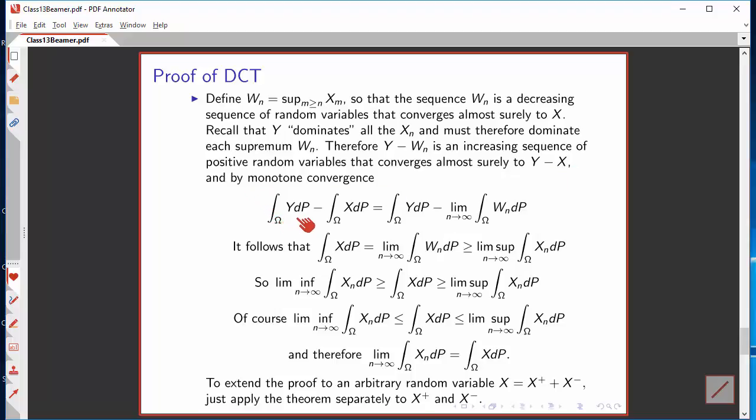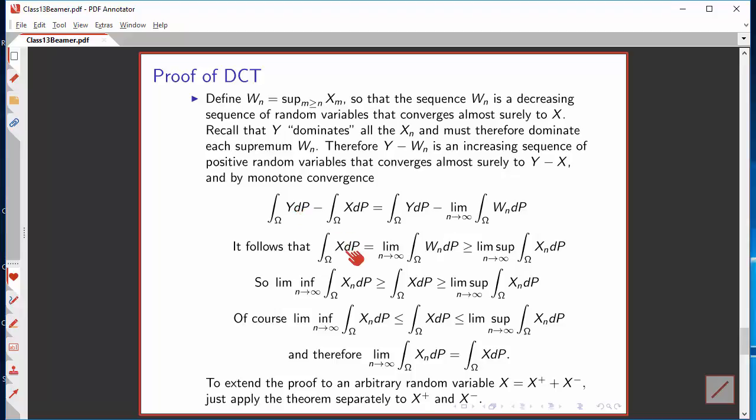So, by the monotone convergence theorem, the expectation of y minus x must equal the limit of the expectation of y minus w. I split up the two terms, and I notice we've got the expectation of y on both sides.